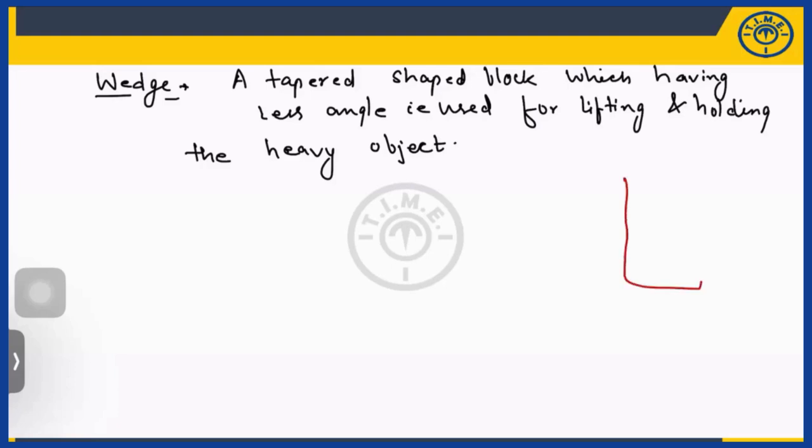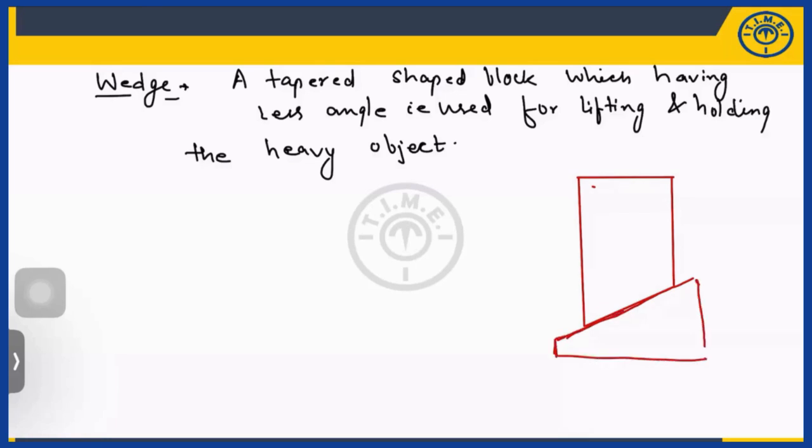Let us suppose there is a big block, this one. Okay, so please see carefully how you will solve this problem. Let us suppose this is the block which you want to raise in the vertical direction.